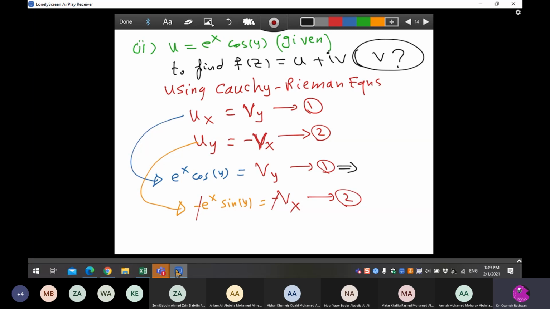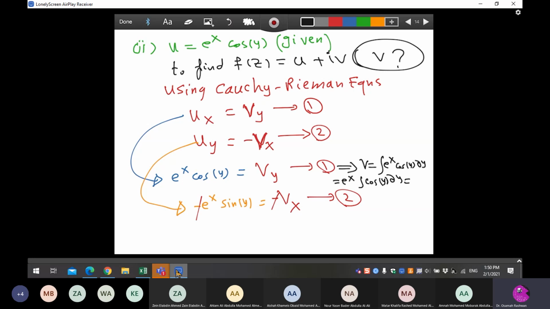So this is how you write it down. V will be the integration of e to the x cosine y partially with respect to y. You take e to the x outside, and integrate cosine y partially with respect to y.